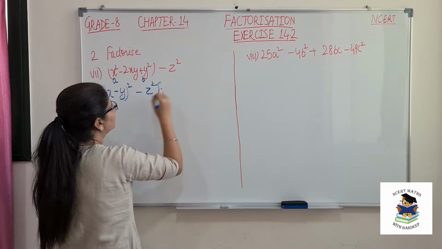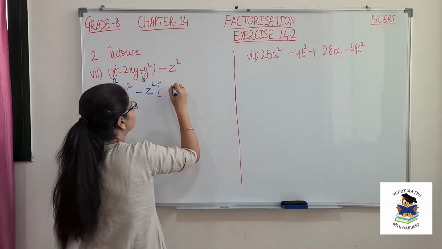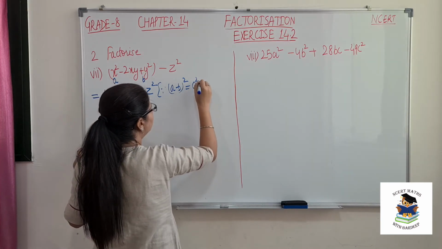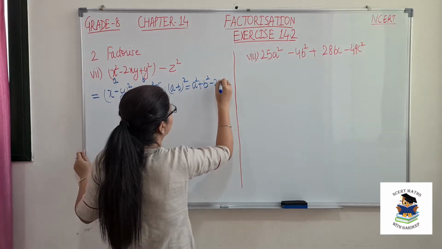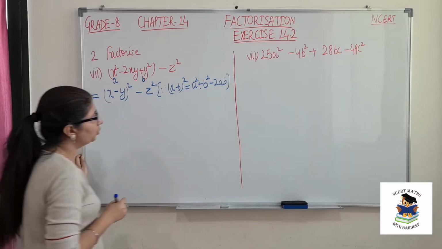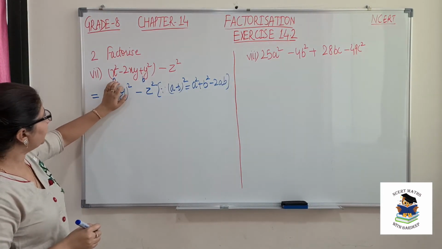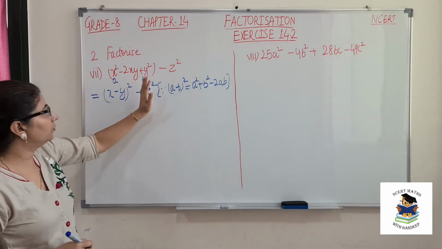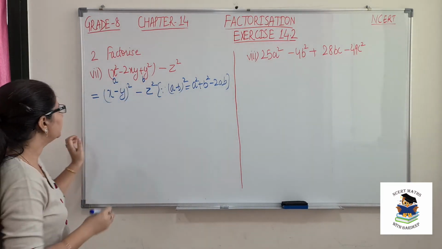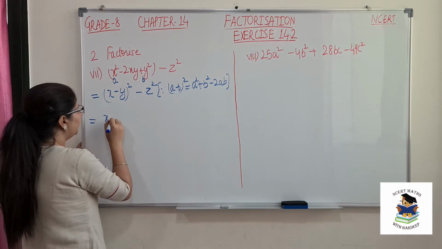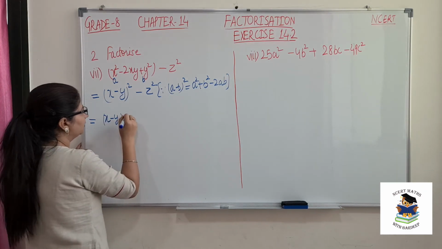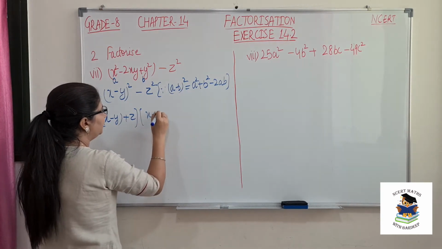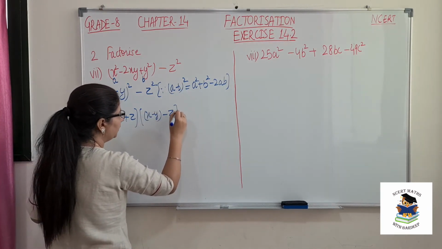Here you can write, because a minus b whole square is equal to a square plus b square minus 2ab. So now if we take this full as a and this is b, this is of the form a square minus b square. So we will use our second identity, that is, this is a plus b and a minus b.